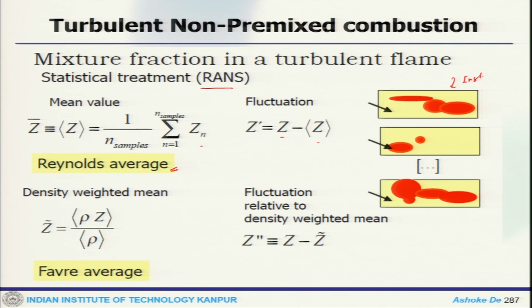Now when you talk about the reacting system, one of the important aspects is that we have to consider the density weighted mean, and the density weighted mean for mixture fraction would look like rho Z by rho, and then the fluctuation in the density weighted average would be Z minus Z tilde. So this is what we will be using for the density weighted system.